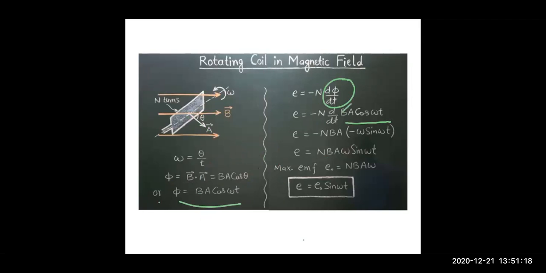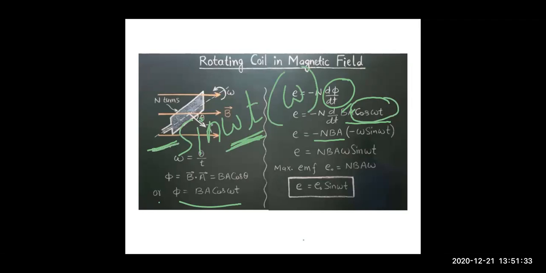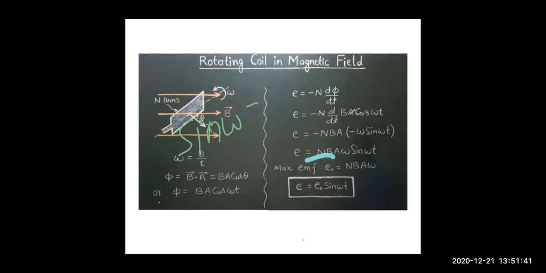B is constant, A is constant, that will come out, and you will do the differentiation of cos omega t. So cos का differentiation we know it's minus sin omega t, and omega t का differentiation करोगे तो omega आएगा. So it is minus sin omega t into omega. Minus minus दोनों will become plus, and so you will have NBA omega sin omega t.